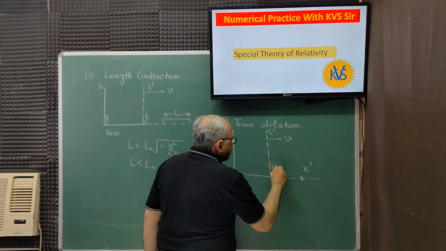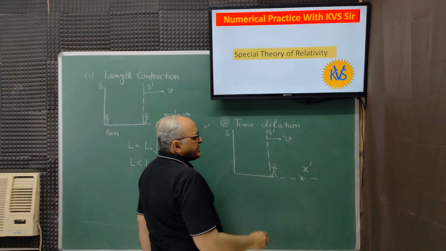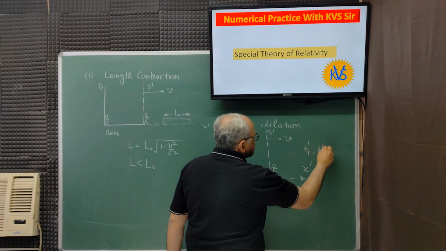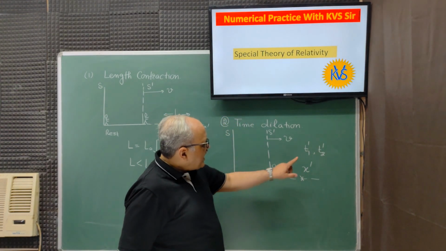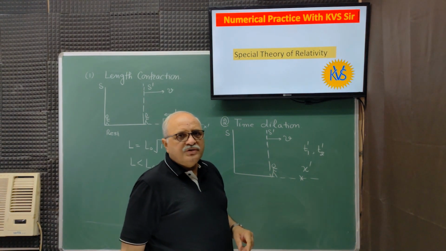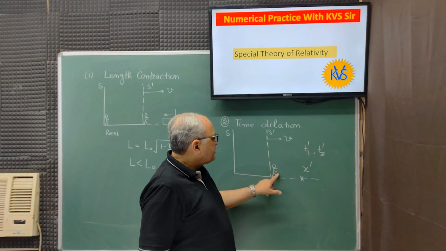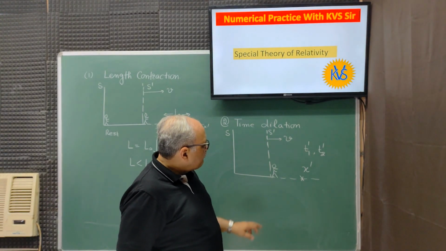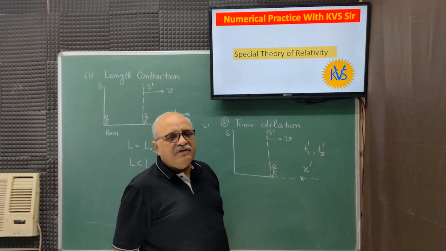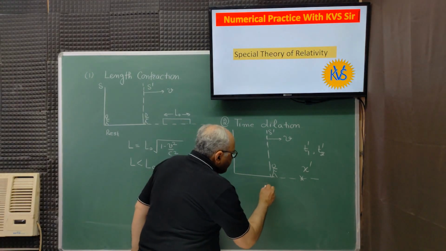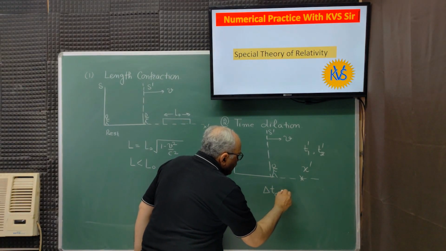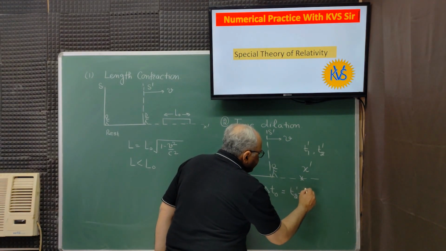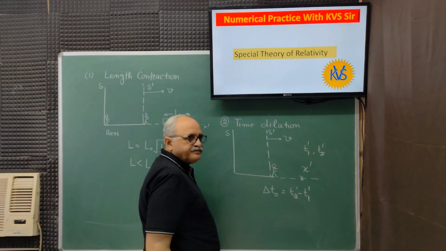According to this observer, the timings are t1 dash and t2 dash. When I put a dash here, it means I'm talking about the observation made by the observer who is moving along with the S dash frame. For him, the time interval, which is the original time interval, is t2 dash minus t1 dash.